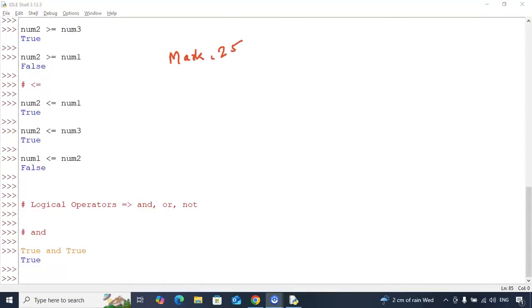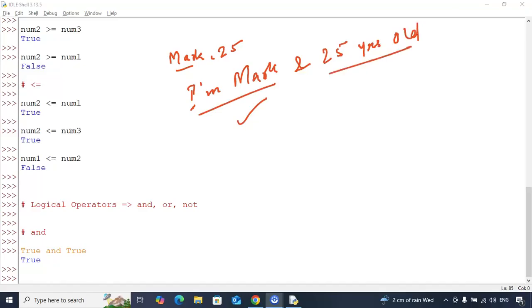Now, Mark says, I am Mark and I am 25 years old. Is the first part of the statement correct? Yes. Is the second part correct? Yes. Which means the entire statement is correct. The same logic applies here. If this operand is true and this also is true, and will give you a true.